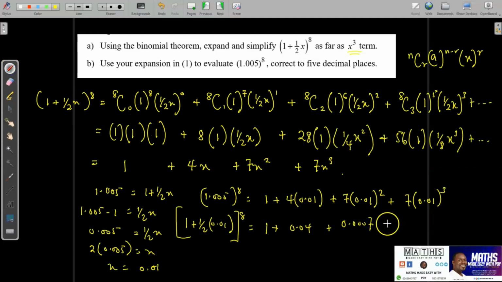Yes, sir. Then the final one, 7 multiplying 0.01 all cubed. 0.000007. How many zeros? 5 zeros. Okay, so this is what we have. So finally, putting all together, just add them: 1 plus this, plus that, plus that. 1.040707.